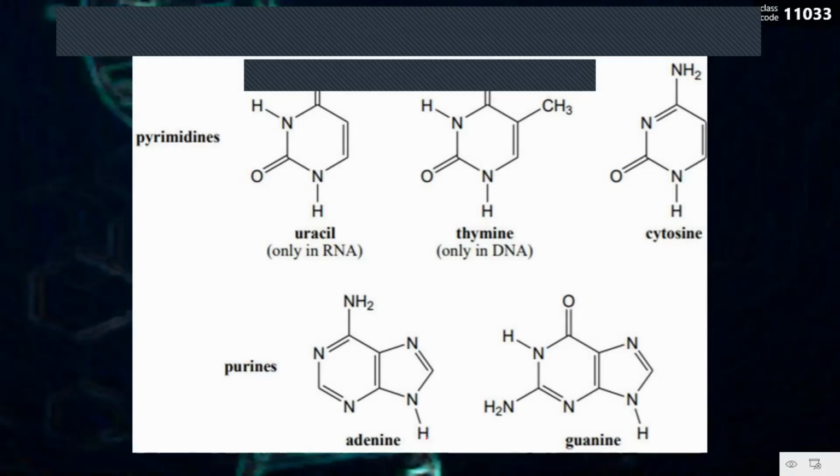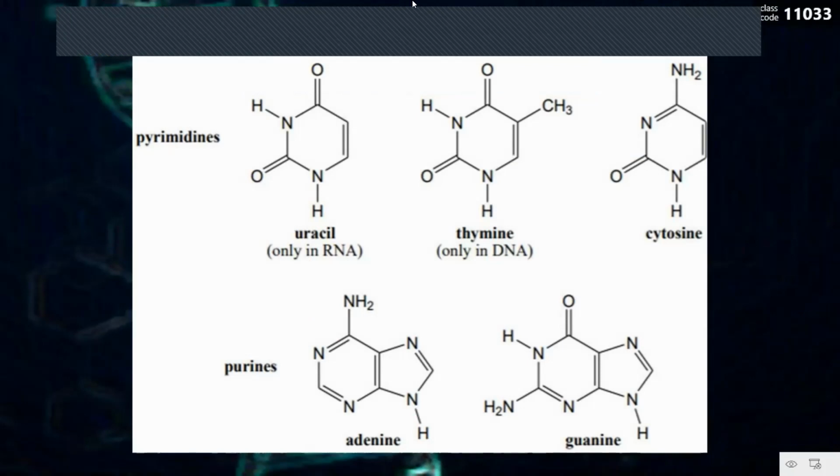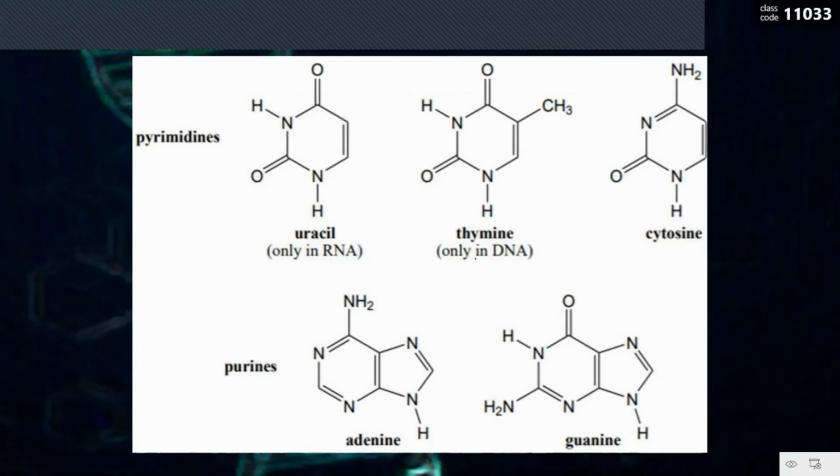Okay, so here are the different heterocyclic bases found in our nucleic acids. So this is uracil. As I mentioned earlier, it is only found in RNA. Okay, then thymine and cytosine. Saan sila nagkakaiba? What are the differences?